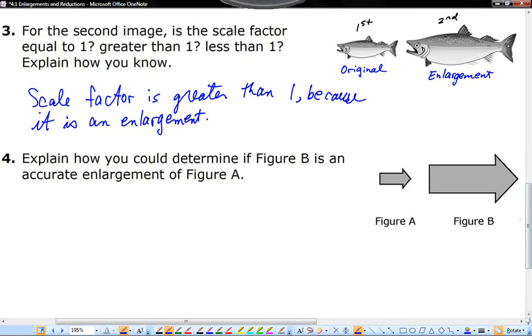And the last example we're going to look at here is number 4. We want to explain how you can determine if figure B is an accurate enlargement of figure A. So I'd like to take a look at 2 things.